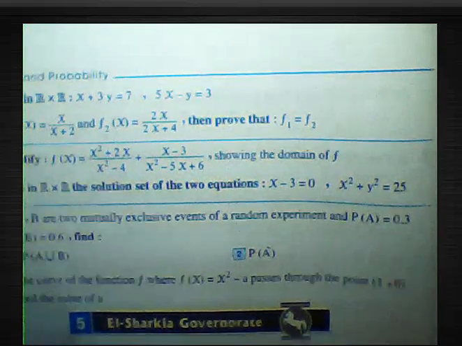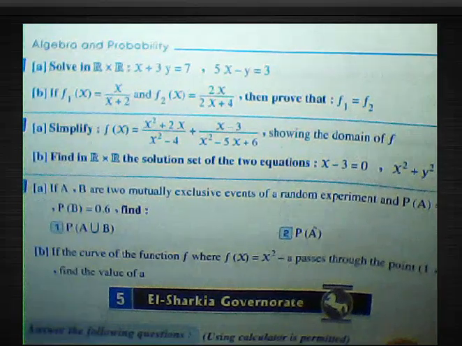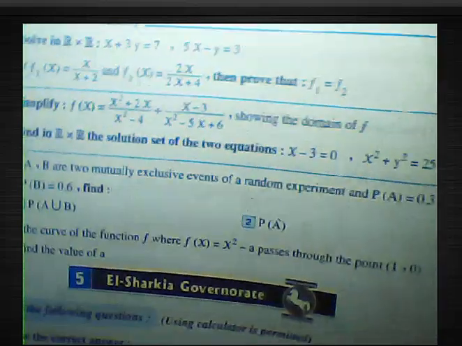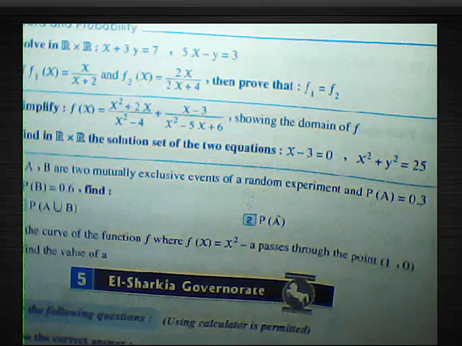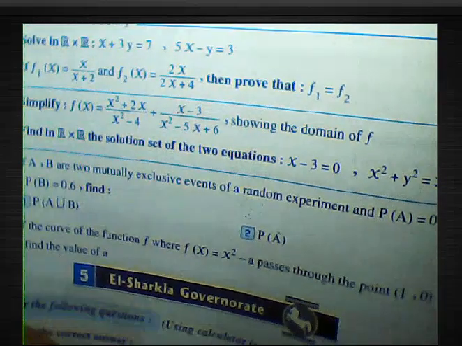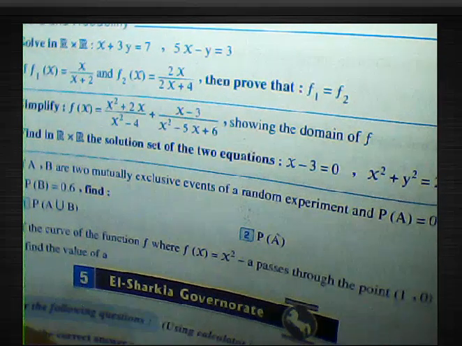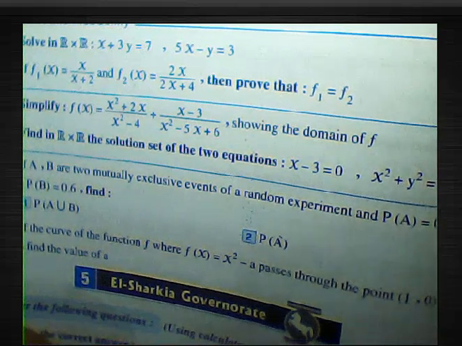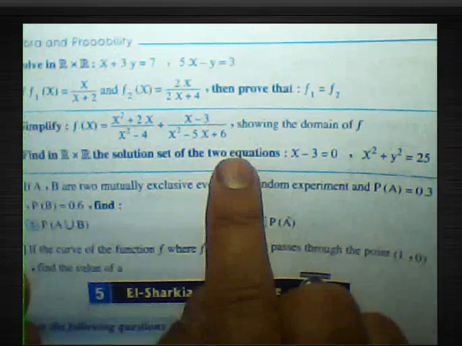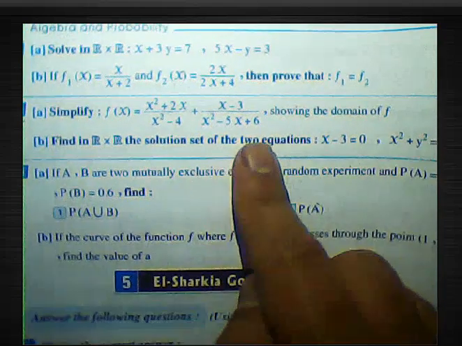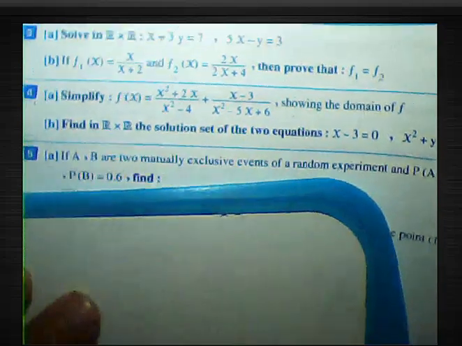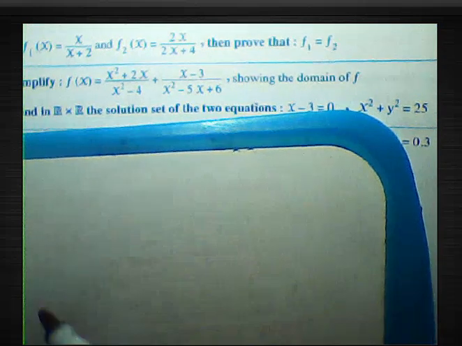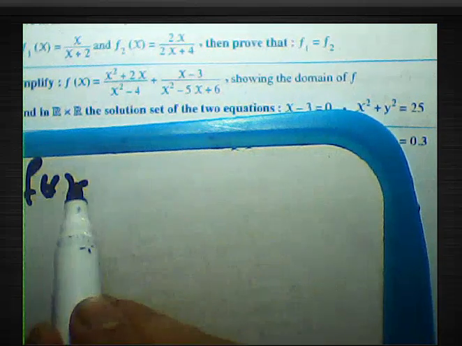Question number 4, simplify. f of x equals x power 2 plus 2x over x power 2 minus 4, plus x minus 3 over x power 2 minus 5x plus 6. Okay, simplify with me. Okay, my students, in this example we can write this function in the simplest form by factorizing.